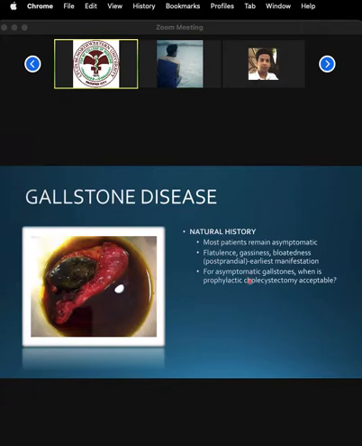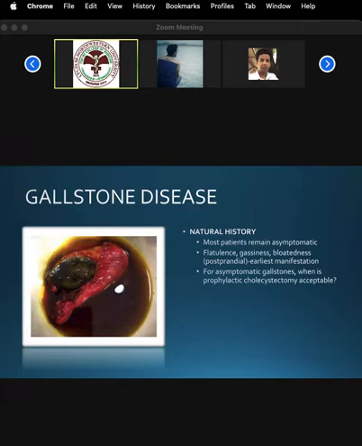When we say asymptomatic, this means that we only discover the patient's gallstones during an ultrasound requested for another cause. Okay, so the old dictum was prophylactic cholecystectomy in asymptomatic patients is rarely indicated.